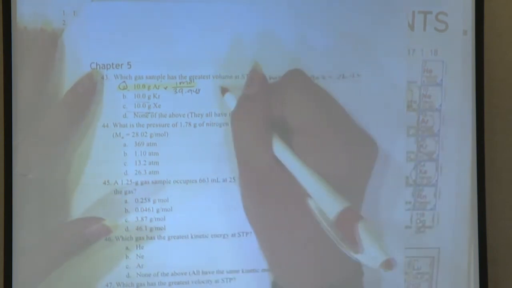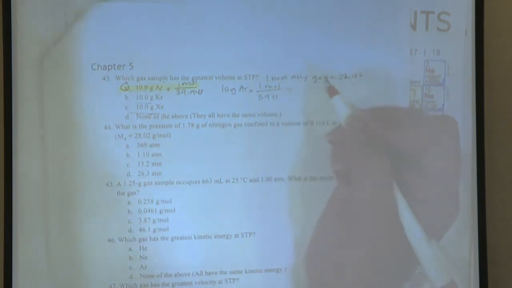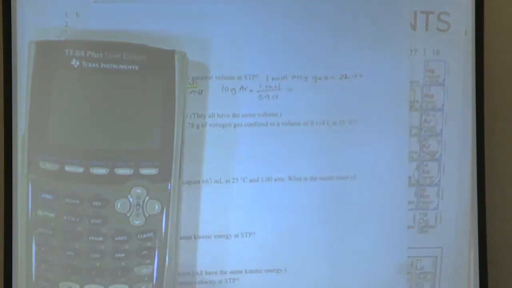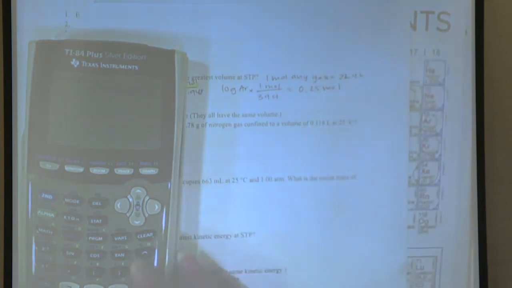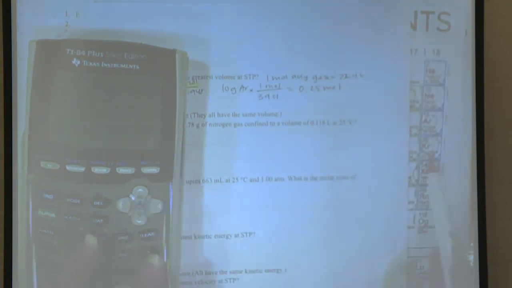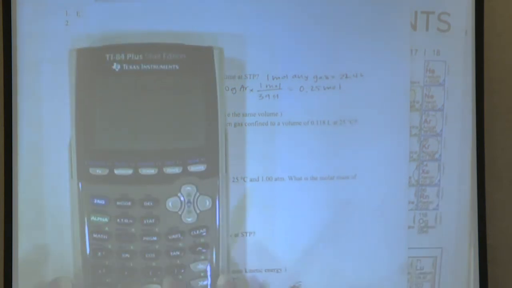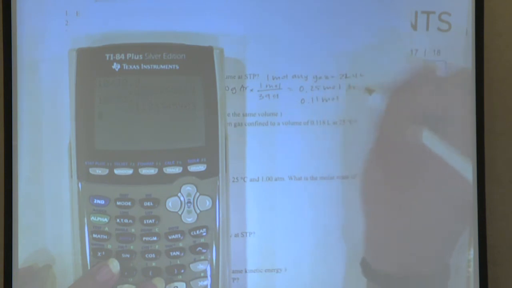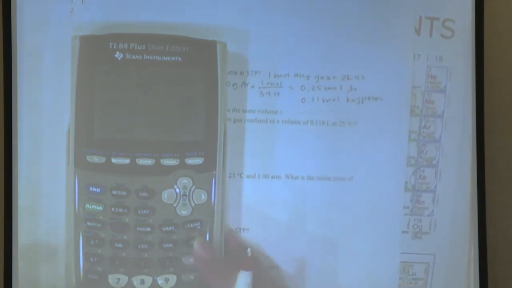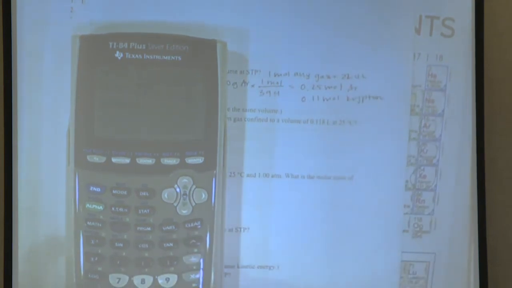I'm going to do the math out, actually. I don't want to confuse you guys. 10 grams of argon is going to give you, 10 grams of krypton is going to give you, and then 10 of xenon is going to give you.